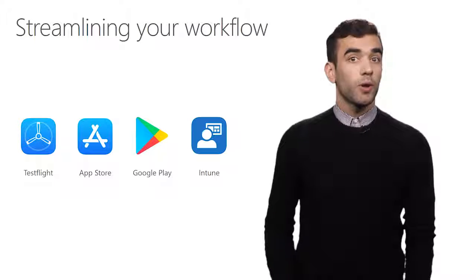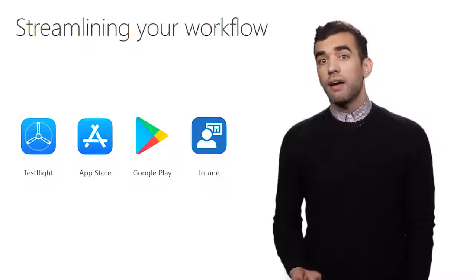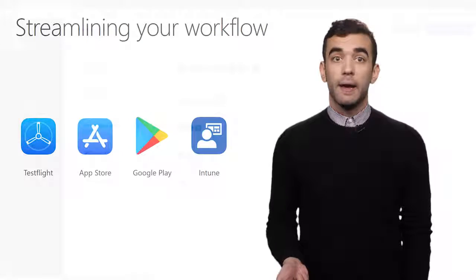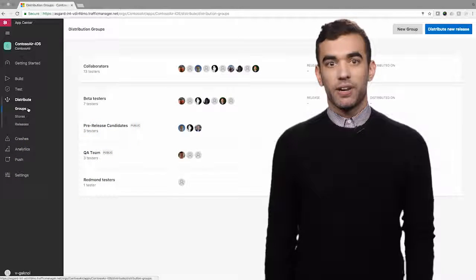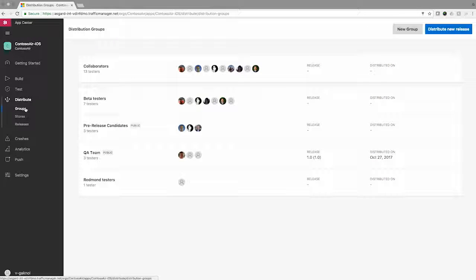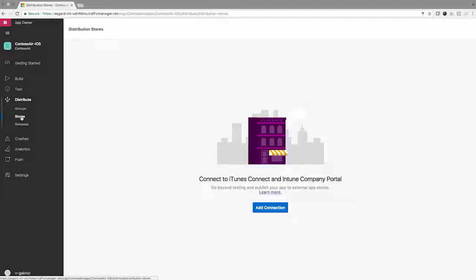Whether your goal is an external beta through TestFlight, a private company release using Intune, or a public release to the Apple App Store or Google Play, App Center is the perfect way to bring your workflow all together in one place. To get started with stores, click on Stores from the sidebar distribution menu located here.